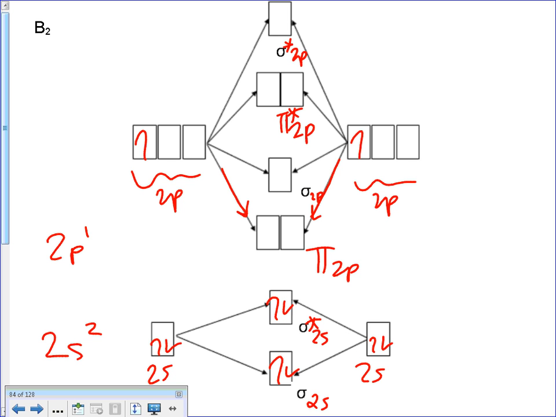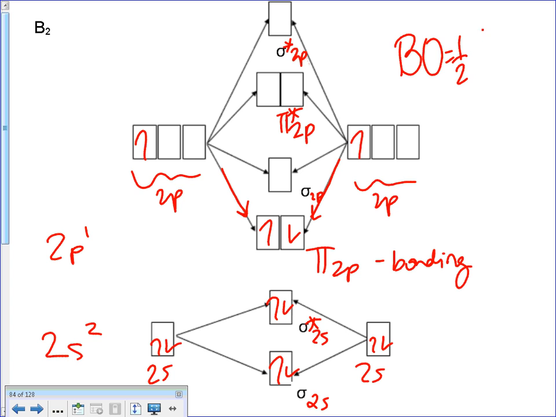So since we only have 2 electrons, they are going to go into these 2 orbitals one at a time, and I'm going to do them as opposite spins just to give you something different. But they are in the bonding p orbitals.